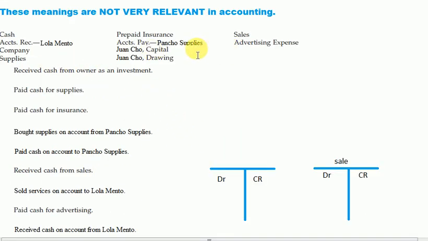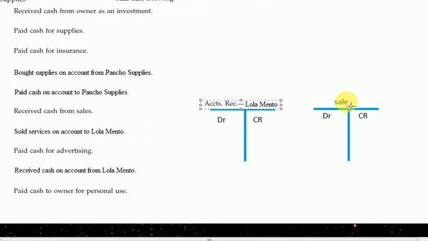As I told you before, account receivable is an asset. It is a debt that's in favor of you. You can collect it, and it is an asset. So an asset in this case increases, right? Increase on the debit side. Sales also increase on the credit side.